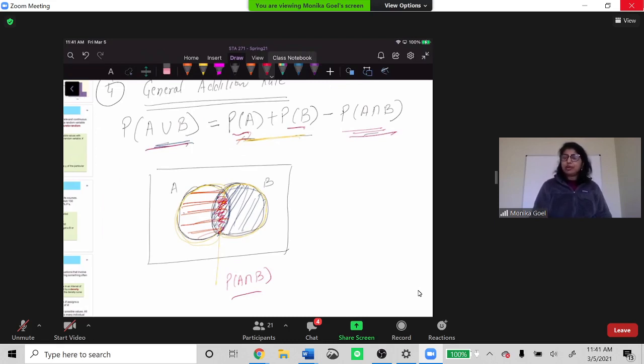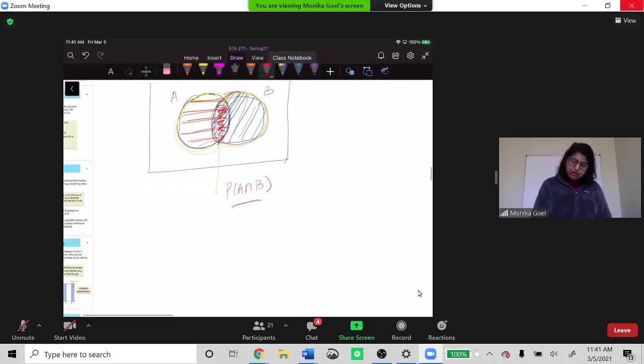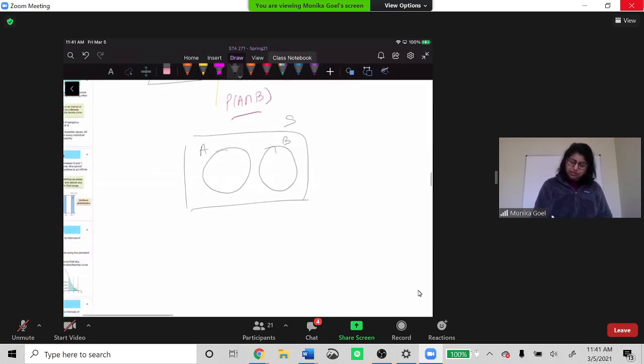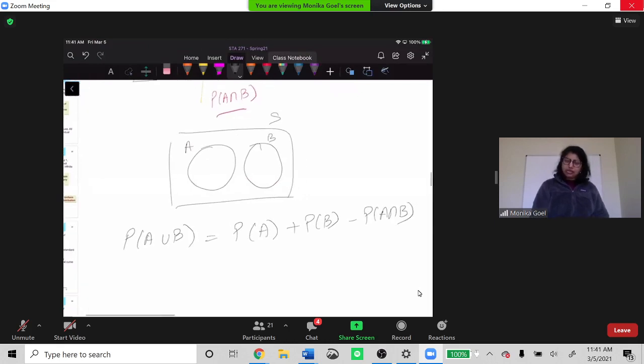Now let's talk about how we use the same rule for disjoint events. So now we are using two events, A and B, and using the general addition rule, that rule tells me that A union B is probability of A plus probability of B minus their intersection. So let's see.